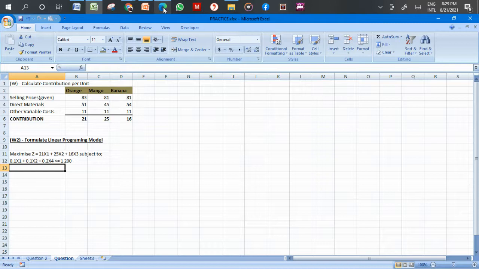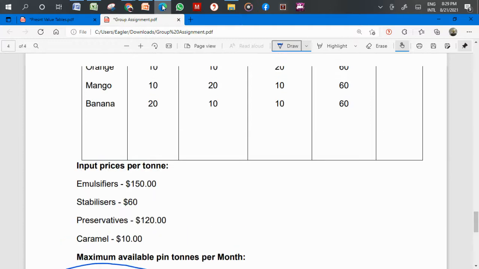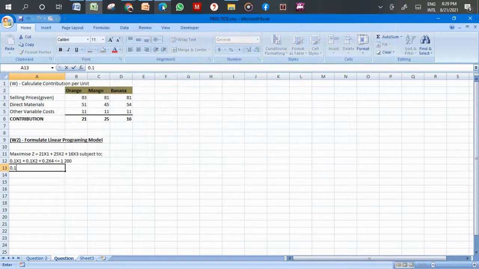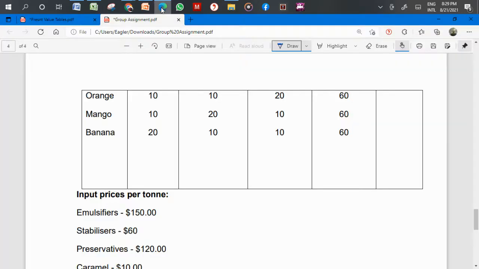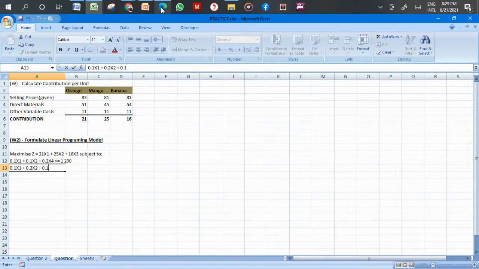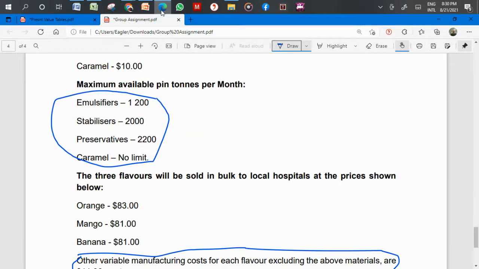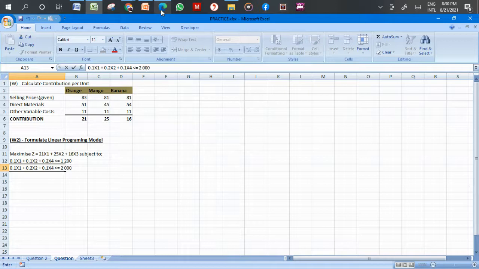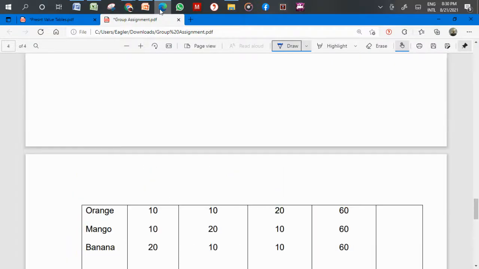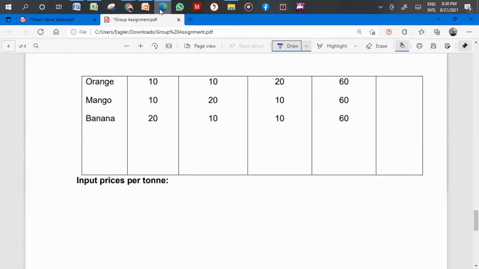Then our second constraint will be for the preservatives. So it's 0.1 X1 plus 0.2 X2 plus 0.1 X4 is smaller than or equal to 2,000. We only have 2,000 stabilizers. Then number three, what is it that we're dealing with here? Preservatives are also limited.